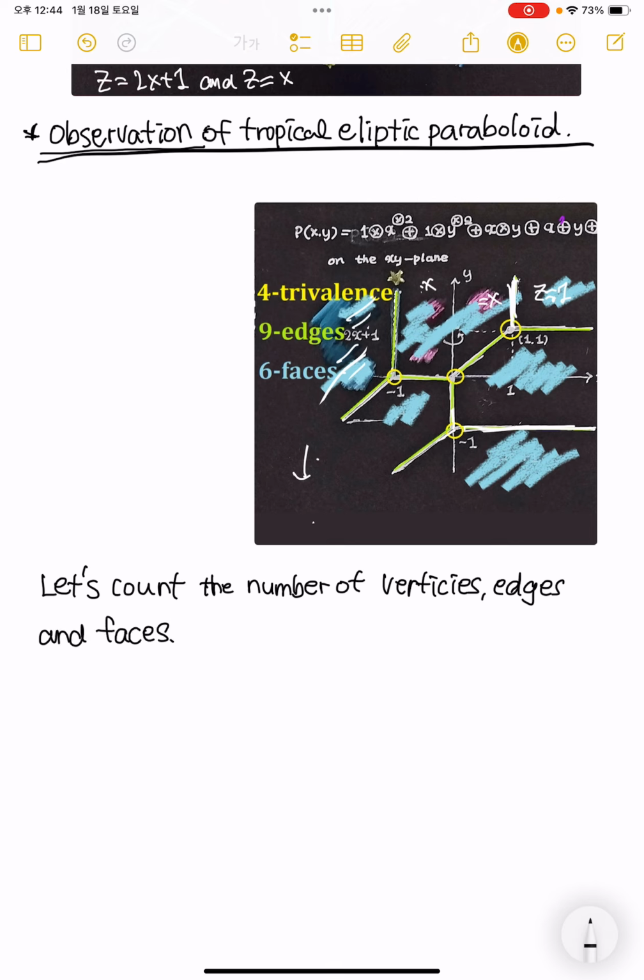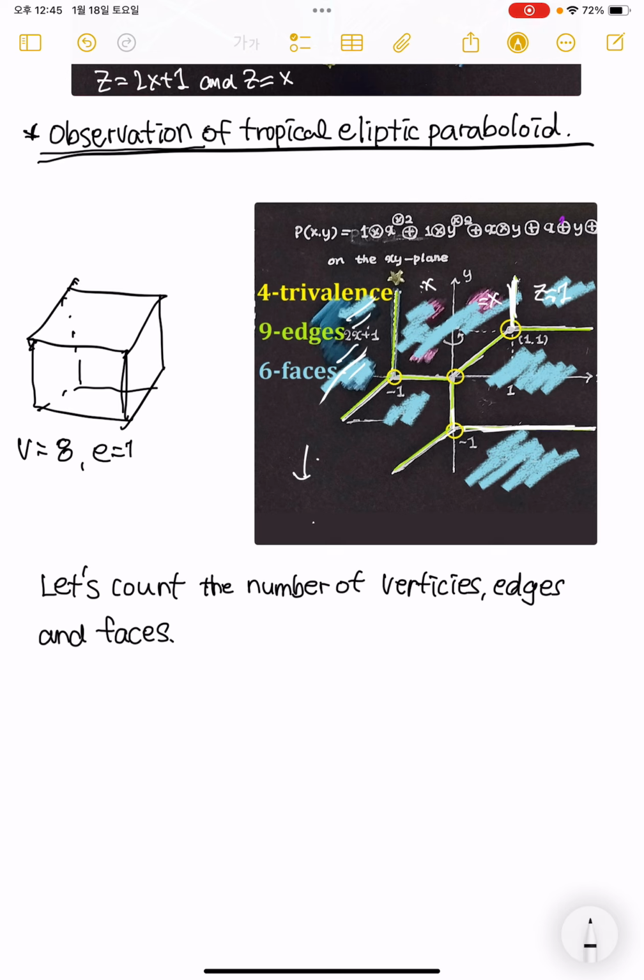When you think about a cube, we know there are 8 vertices, 12 edges, and 6 faces. Let's count the vertices, edges, and faces.